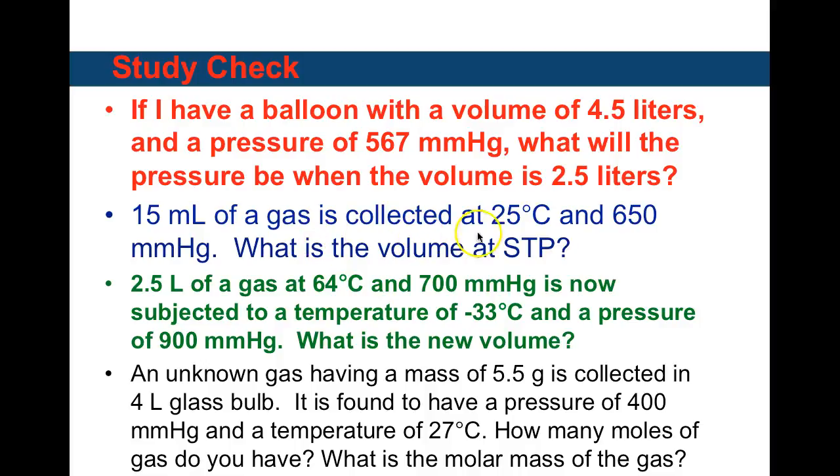15 mL of gas is collected at 25 degrees centigrade and 650 millimeters of mercury. What is the volume at STP?